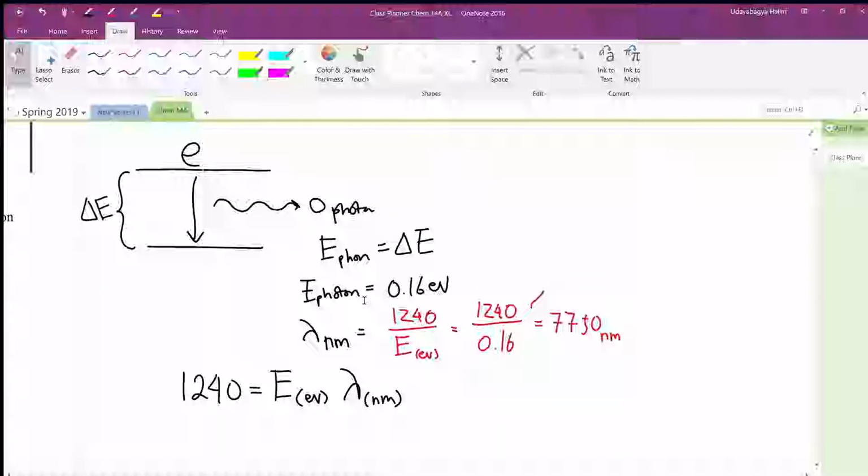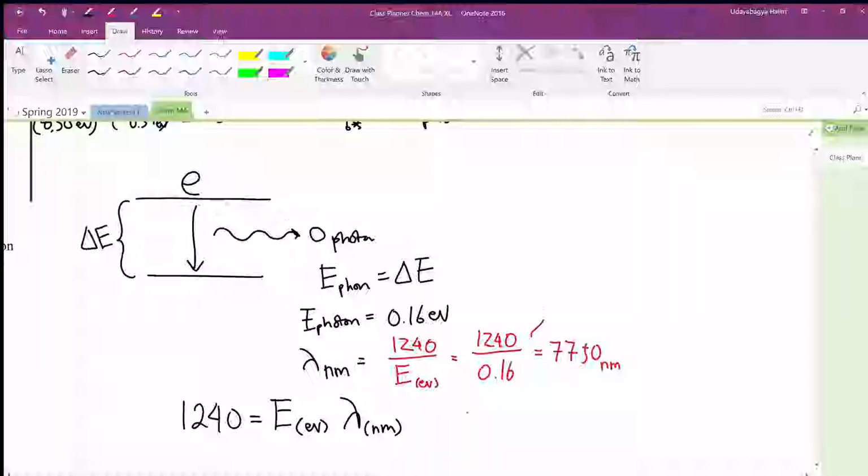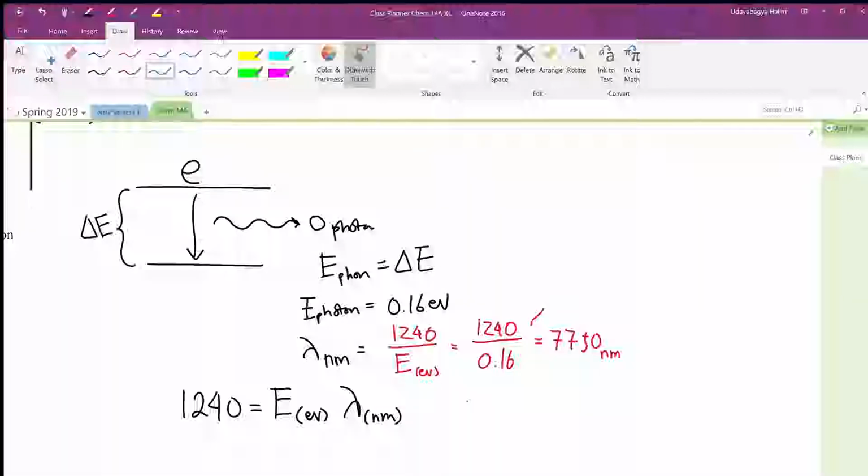So in this particular problem, we have an emission process from a higher energy, in this case n equals 6, as the first portion of that problem, to go to n equals 5. If you look at n equals 6, the energy was negative 0.38 electron volt.